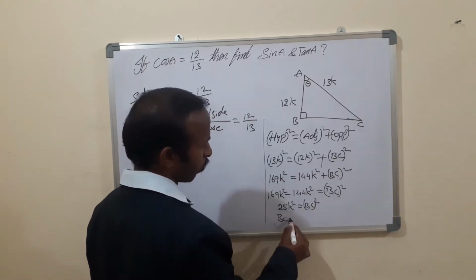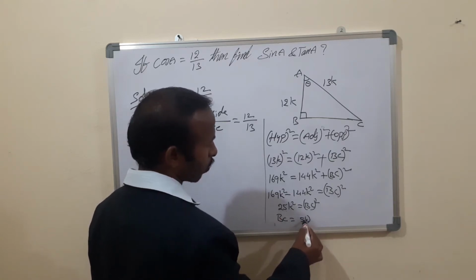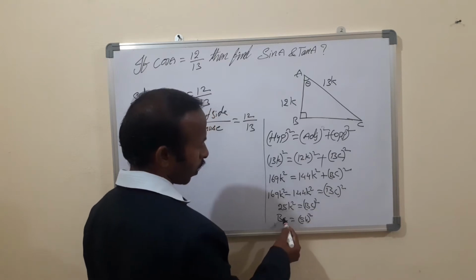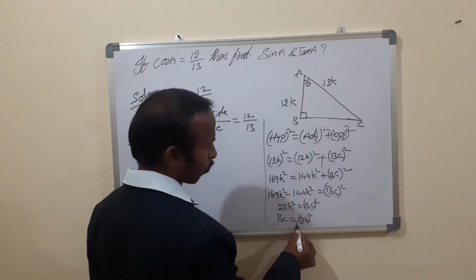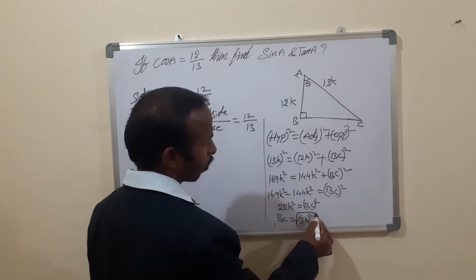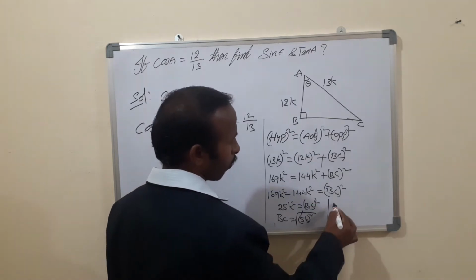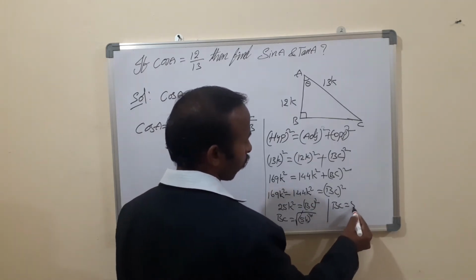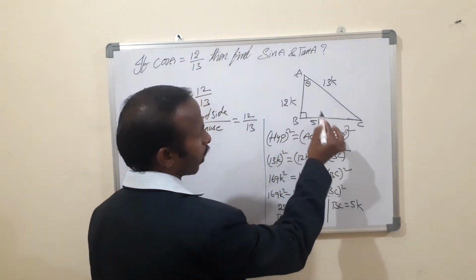BC whole square equal to 25K square, we can write 5K whole square. The square transfers to the right hand side, that becomes square root. So the square gets cancelled. Finally BC equal to 5K. The length of the BC is 5K.